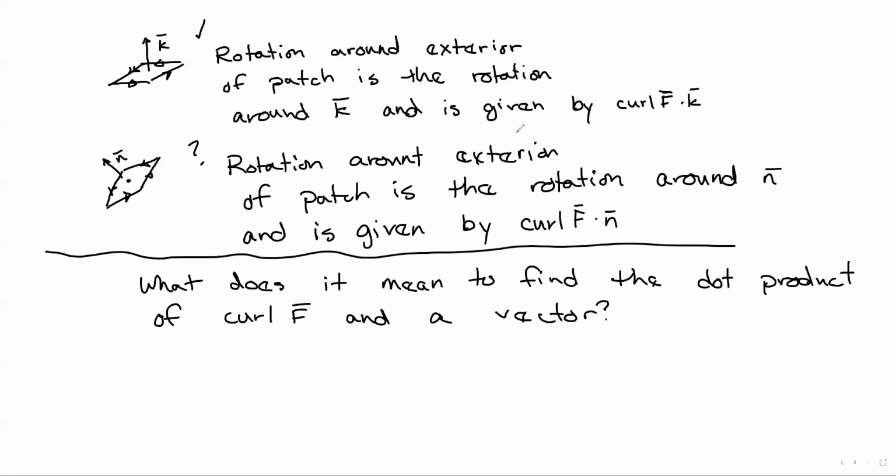So what does that mean, right? What does it mean if we go through and do curl of f dot k? I mean, we showed that it's the rotation around the exterior, but why? Is there any logic to it? Is it just a result, or is there some sensibility there? And it turns out that there is, if you actually think your way through it.